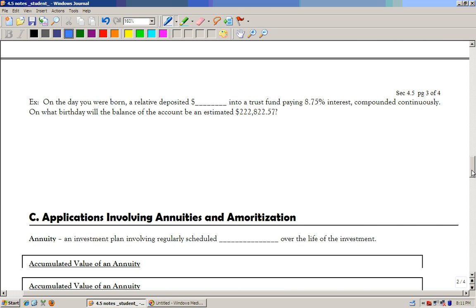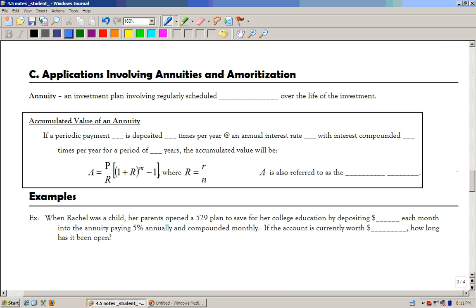If we go down to annuities and amortization, this happens when instead of just putting money into an account and letting it sit there and wait until the interest accumulates, you plan on putting money in every single month and keep adding to it, or every single week, or whatever scheduled amount you want. So it's an investment plan involving regularly scheduled deposits over the life of the investment.